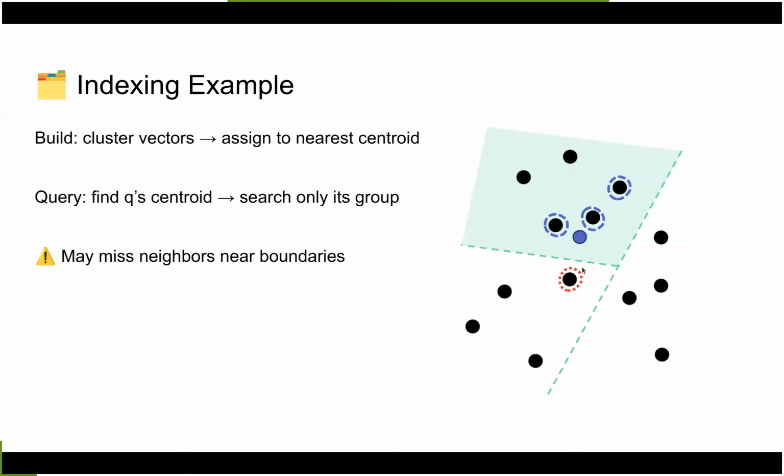The problem with this approach is we may miss some neighbors near the boundaries that belong to other partitions, like this vector. But this is just an example for indexing.